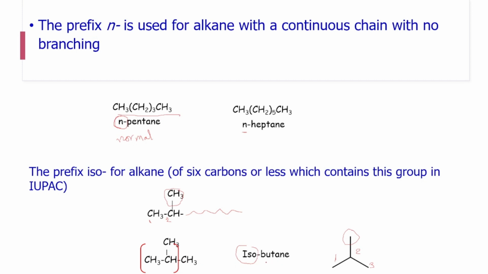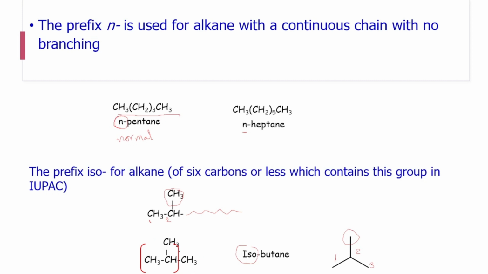It's not normal butane, because the carbons are not forming a straight chain. There is one carbon which is branched at carbon number 2 here. There is a methyl group. So this is iso. Iso is a common name when we have a methyl group branch at carbon number 2. And remember, in common names, to count all the carbons in the compound.